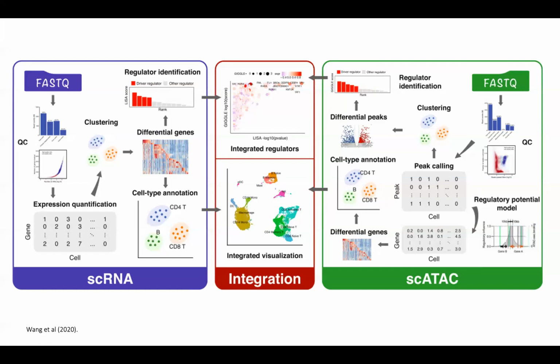But that basically allows you to predict which genes are likely to be expressed just from the open chromatin regions. And this is what allows you to ultimately integrate the single cell RNA-seq with the single cell ATAC-seq data. And that's the point of part 4 of the homework.